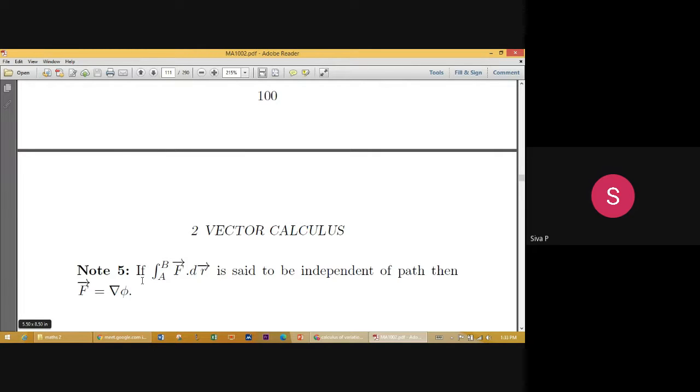F equal to del phi is one important point. If the integral from A to B of F dot dr is independent of path, then F equal to del phi. So the integral over a closed curve of F dot dr is always equal to 0.